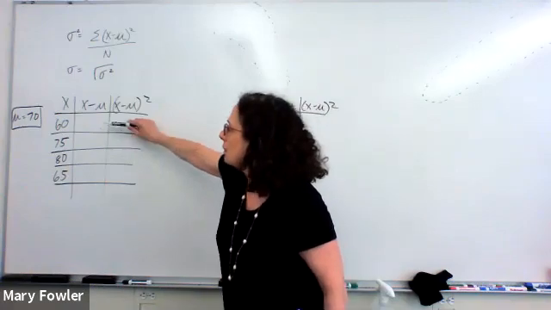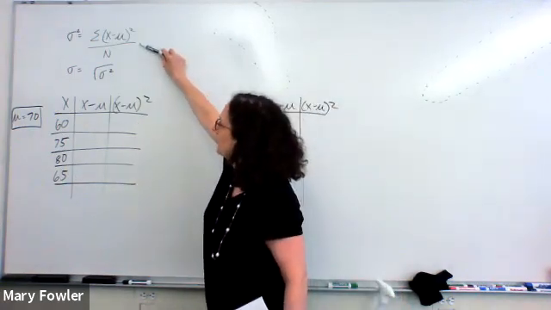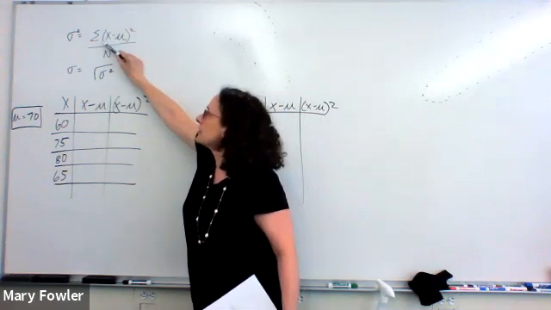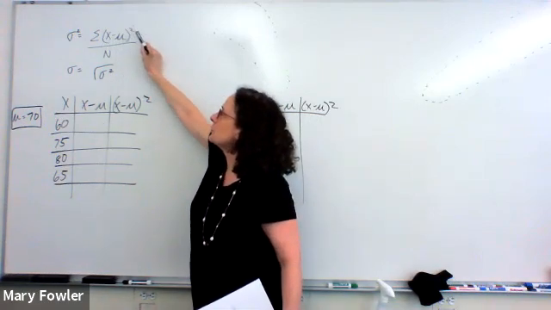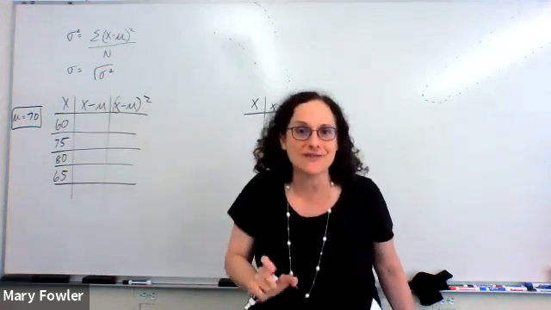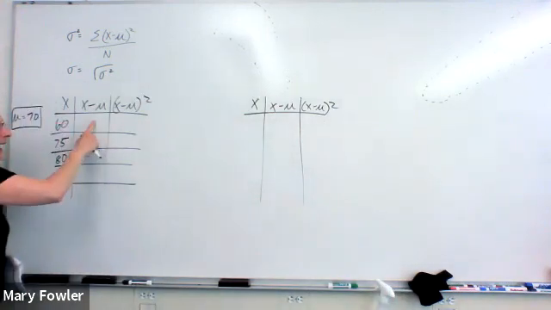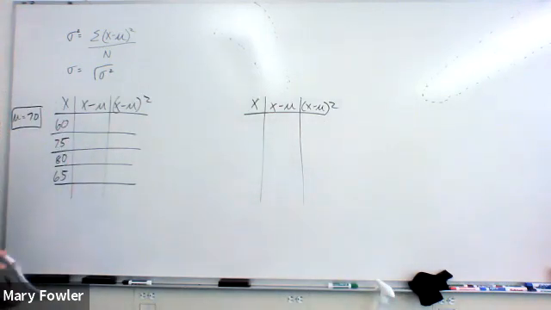Looking at the formula, the numerator is the sum of the x minus mu squared. We recognize x minus mu as those green bars, those deviations. So we're going to work in this table form, and calculate a deviation for each of the values.